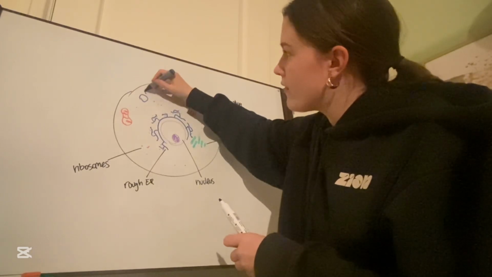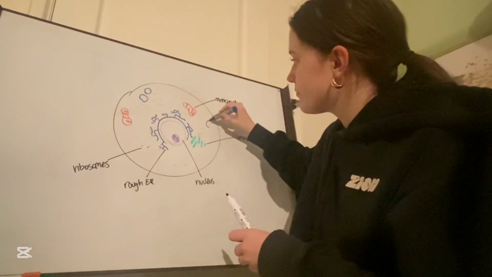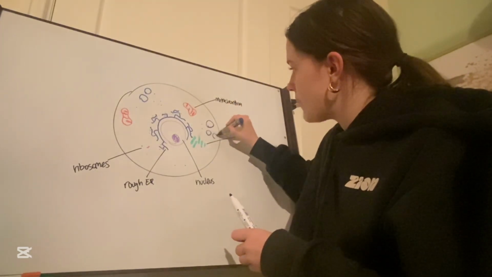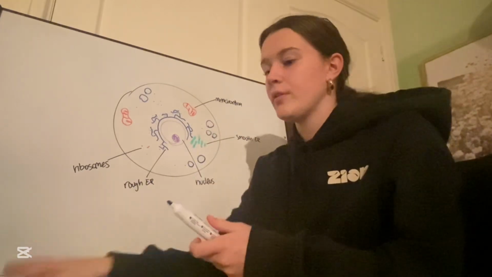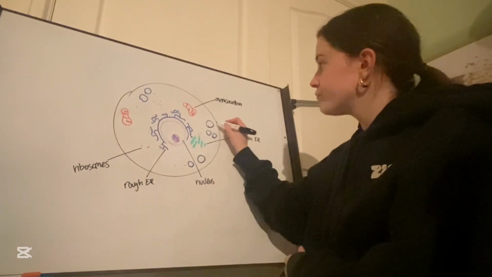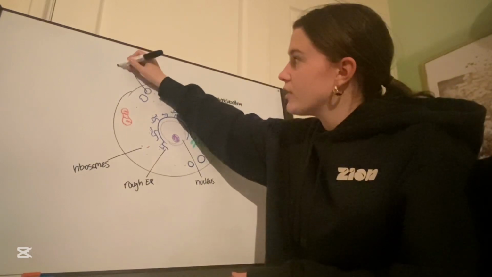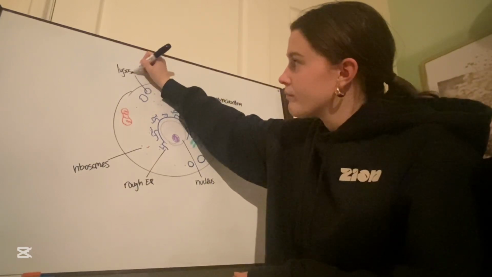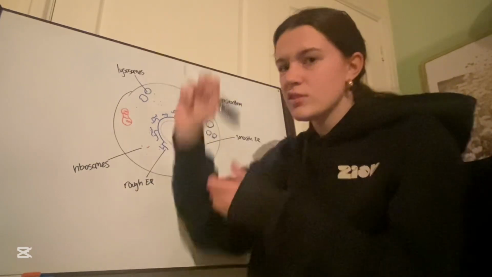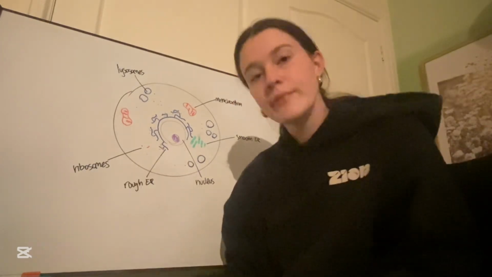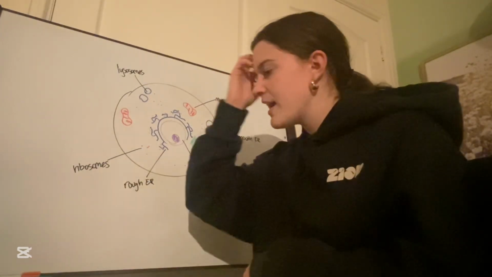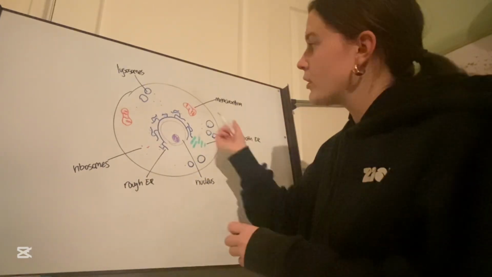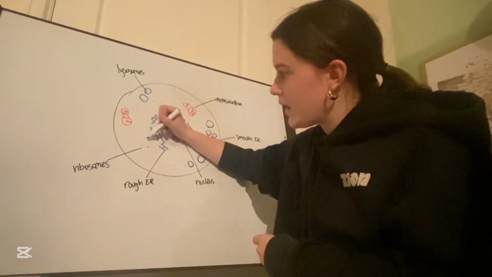Next we have these guys. They are lysosomes. I'm pretty sure they just look like little sacs, like little circles. And then we also have the Golgi apparatus.